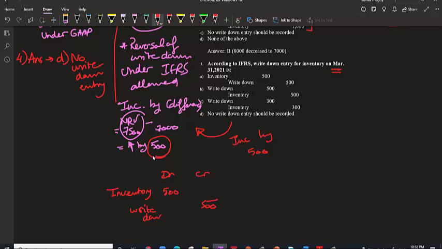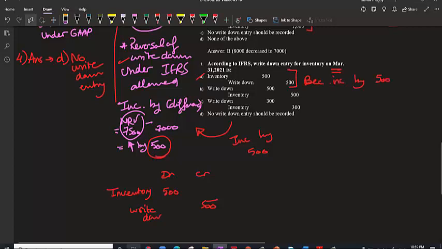Why? Because reversal under IFRS is allowed. Why did we reverse it in this way? We're going to increase it by the 500, so inventory and write down, because it increased by 500.